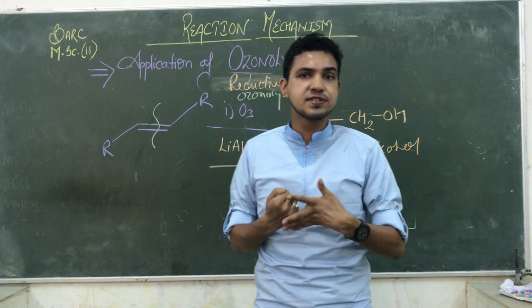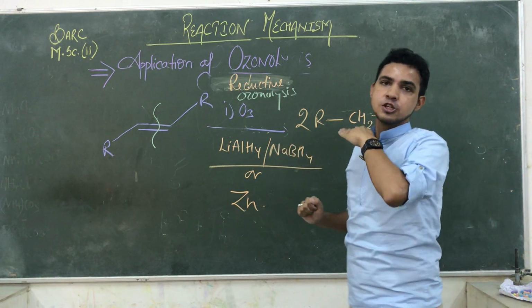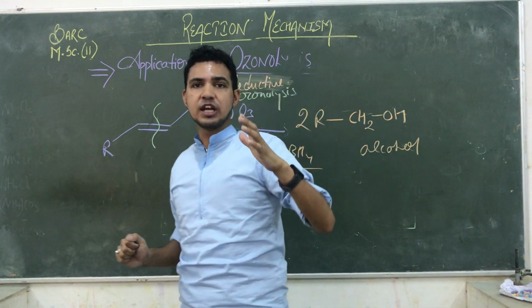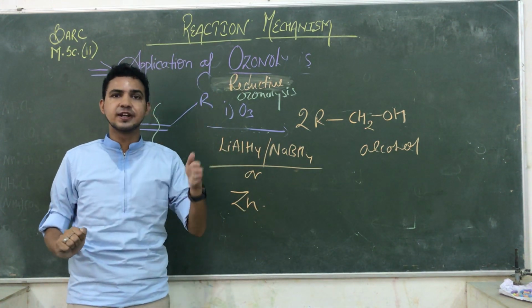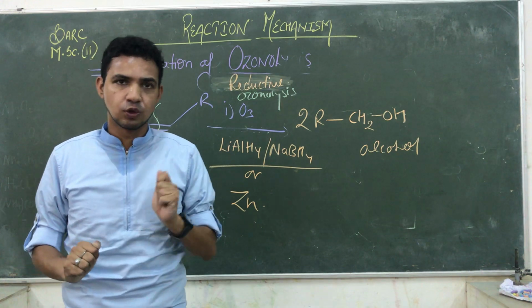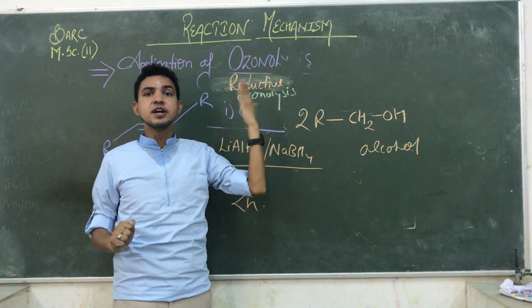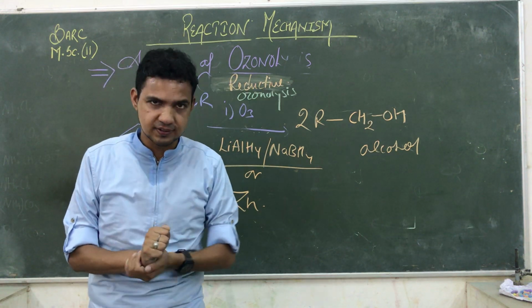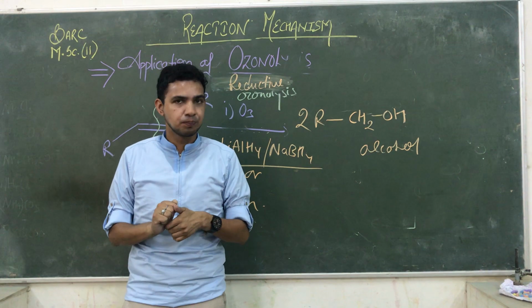And if the reaction takes place in the presence of a reducing agent, it gives you alcohol. So always remember that the kind of reagent the reaction takes place in decides the nature of the product. These are the main things, oxidative and reductive ozonolysis, responsible for the formation of different kinds of products.